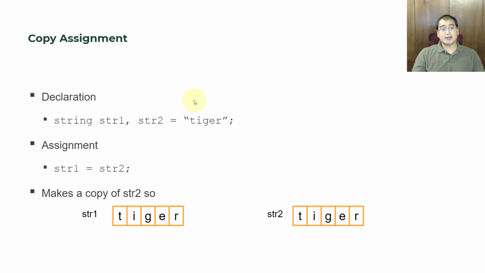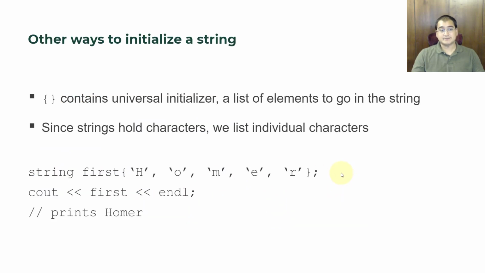Now, you can declare multiple strings just like you can declare multiple ints. This is saying make me an empty string and a string that's initialized with the value tiger. You can also do assignment to copy the value of this string into this string. And so the important thing to note is, because assignment is a copy, what you have after this line are 2 separate strings that you can change independently of each other.